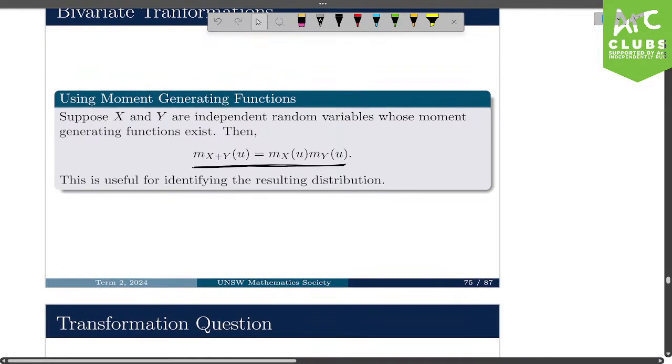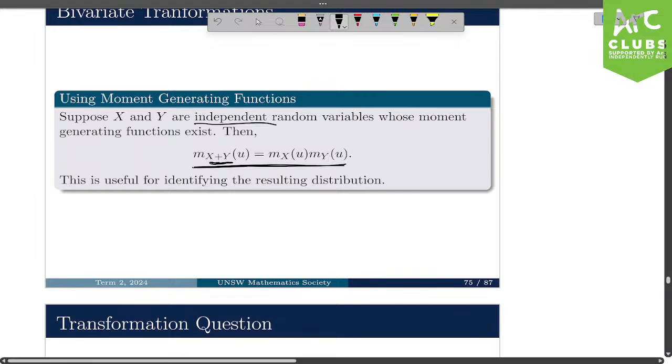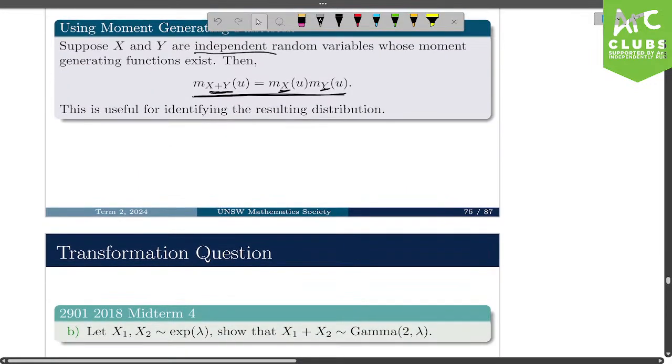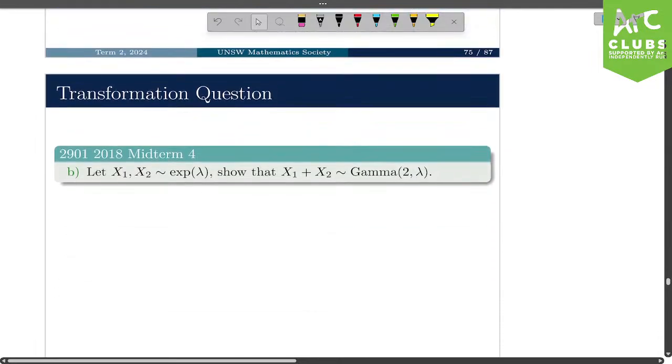We know that for independent random variables with existing moment generating functions, the moment generating function of the sum of these two variables is equal to the product of them independently. Okay? Now, this is a very useful result, and so we immediately can apply it.